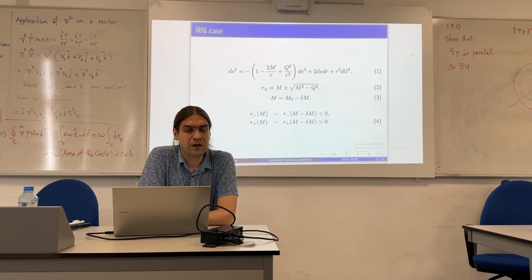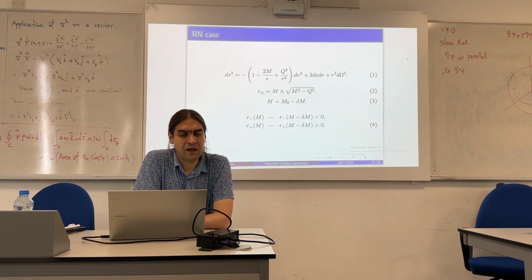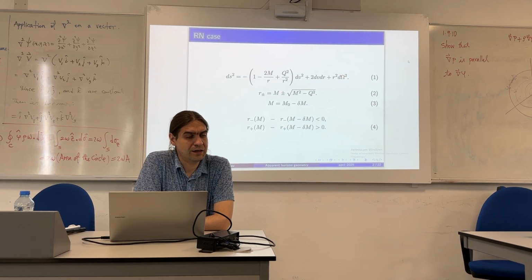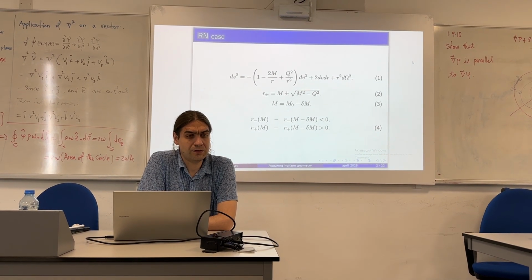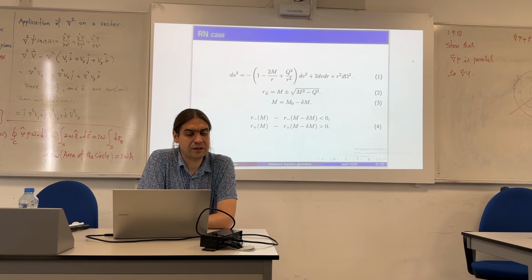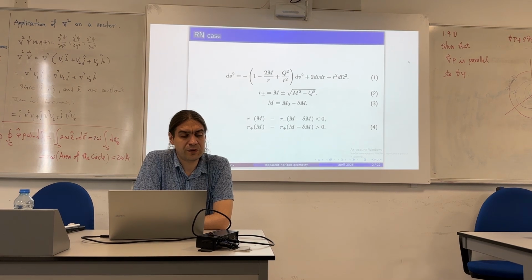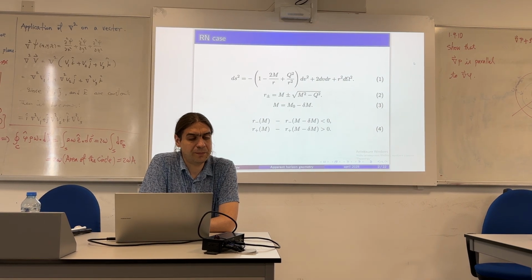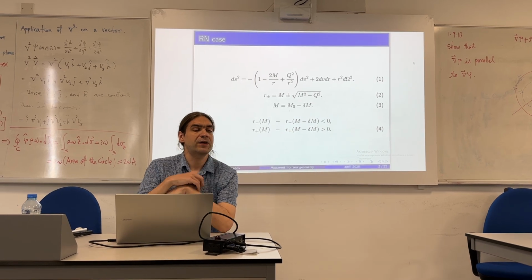As I told you, there are two horizons in Reissner-Nordström spacetime. The first one, which I denoted R+, is the exterior event horizon, and the inner one is the Cauchy horizon, or inner event horizon. I denoted it R-. You see that, for example, if Q is equal to 0, then the inner one vanishes, but the exterior one is equal to M. We obtain the Schwarzschild case.